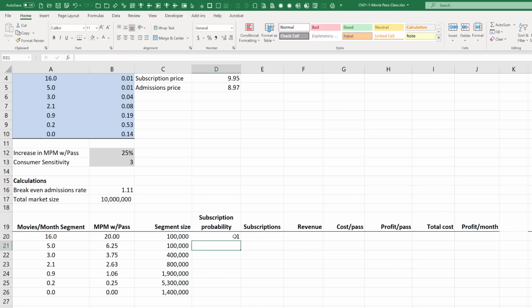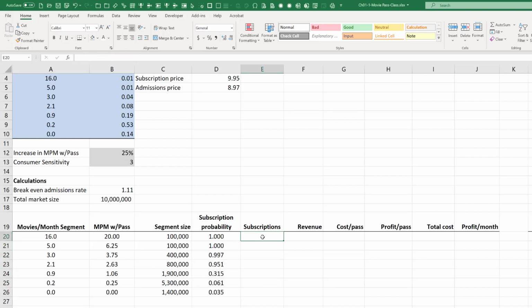Okay, so that's very close to 1, which is actually, if you keep going, you'll see that at some point it will become less than 1. It's almost certain, but not exactly equal to 1. Now copy that. So you get the subscription rates for each segment.